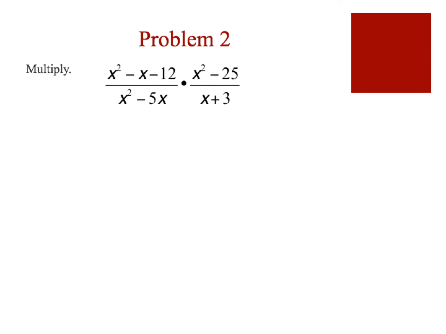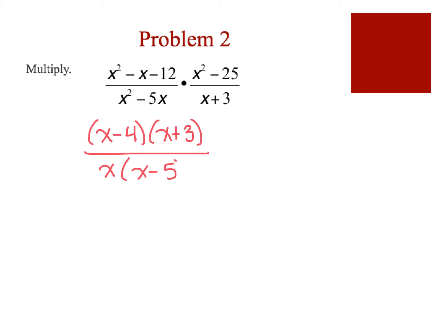I have x squared minus x minus 12, I have a 4 and a 3, and it needs to be negative, so it's going to be x minus 4 times x plus 3. The denominator, I can take out an x, so I'm left with x minus 5. Then that's a difference of squares, so I get x plus 5 times x minus 5, and then I have x plus 3.